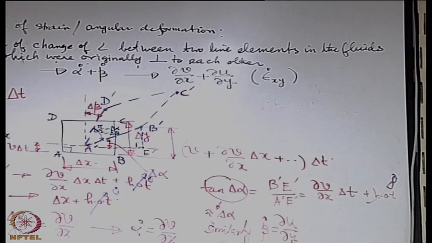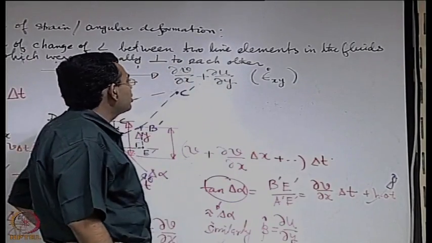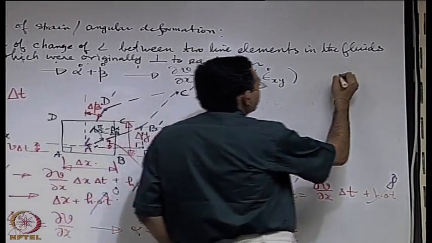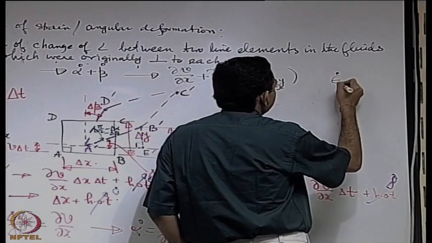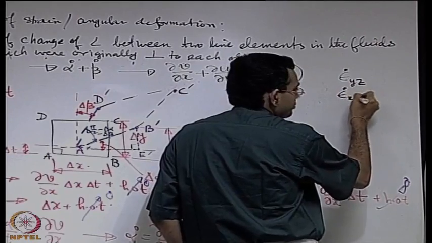That is just a nomenclature, one may use of course different nomenclatures, but I mean this also works. In this way it is possible to write epsilon dot yz and epsilon dot xz.